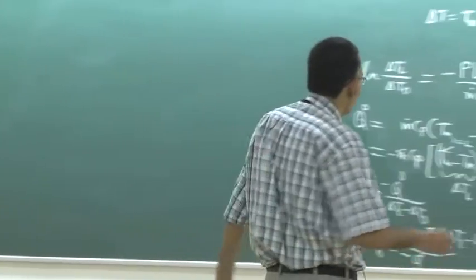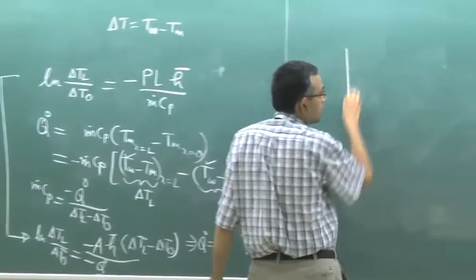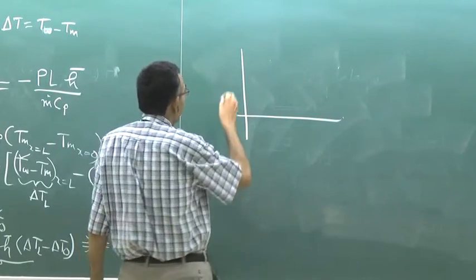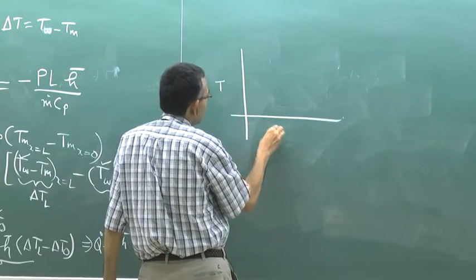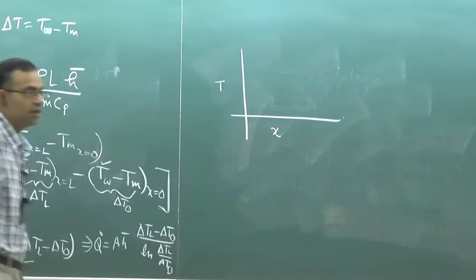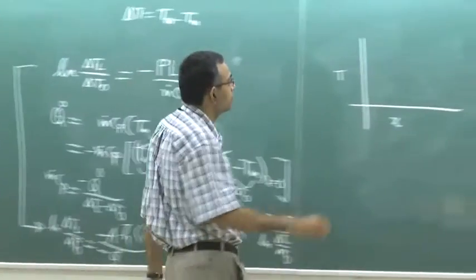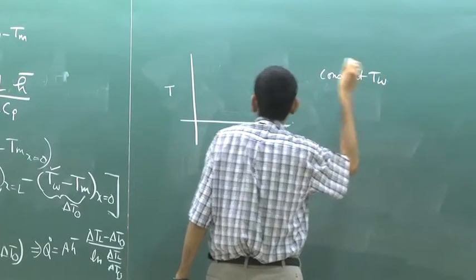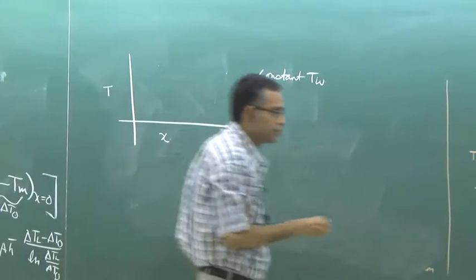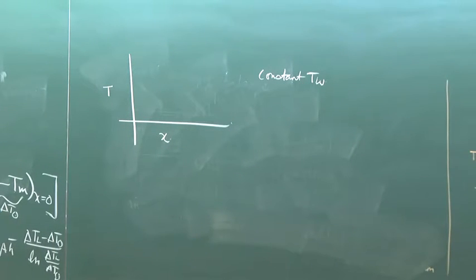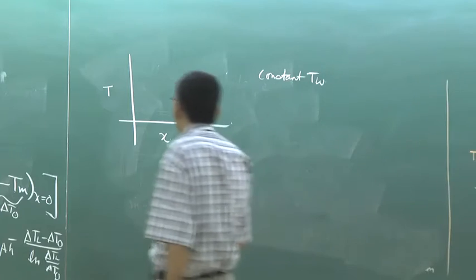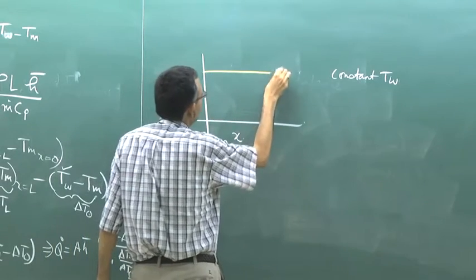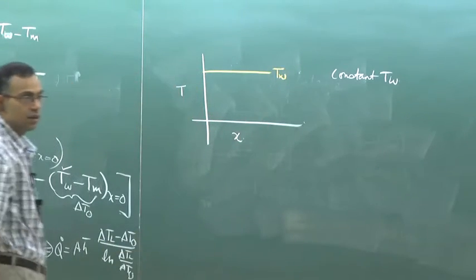So if you make a plot of T versus x, for constant T wall, what is T wall as a function of x? This is T wall constant. What about the Tm?